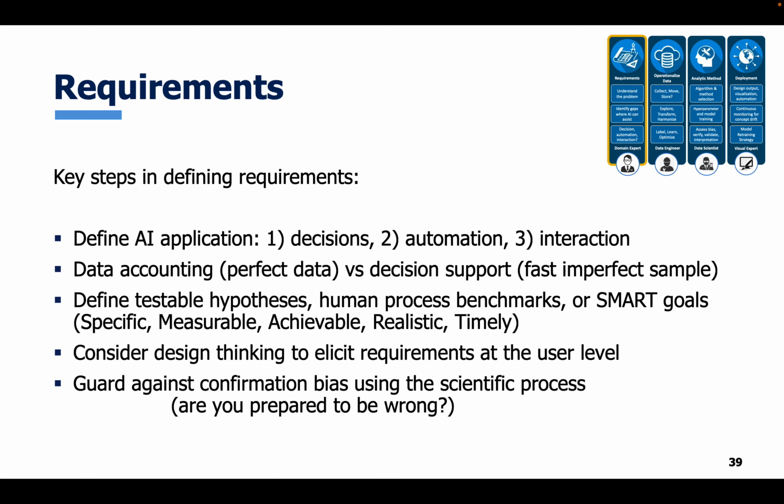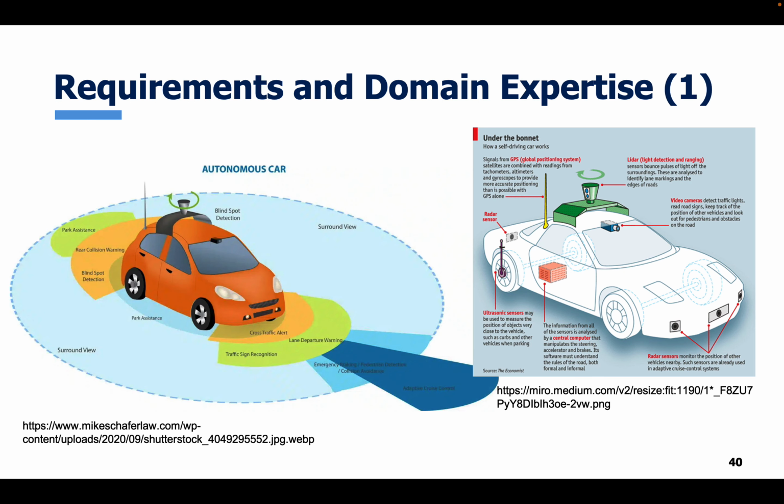If you are not prepared to be wrong, you probably have high levels of bias influencing the process, and you shouldn't be surprised when you're not satisfied by the results of the analytic process, if it's simply designed to confirm your pre-existing biases.